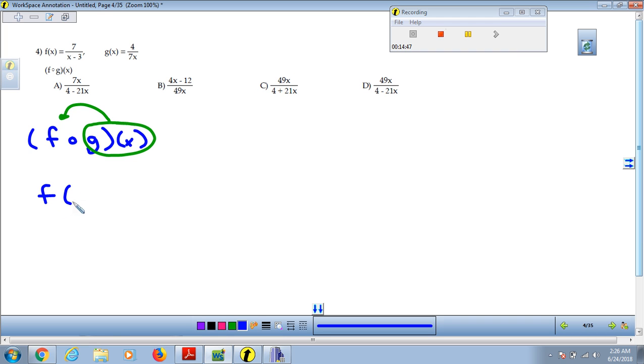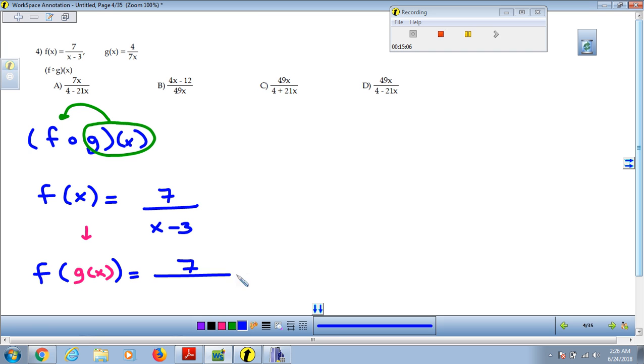So, f of x is 7 over x minus 3. So then into this x, we're going to substitute g of x. Every x will become whatever g of x is.